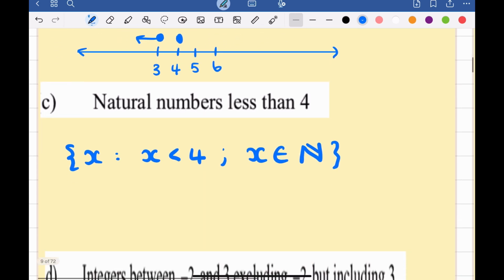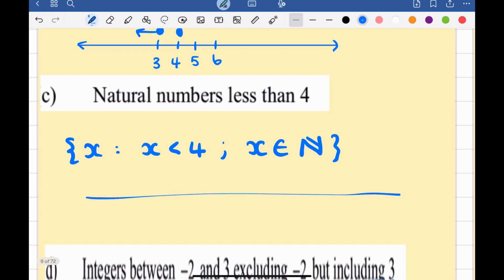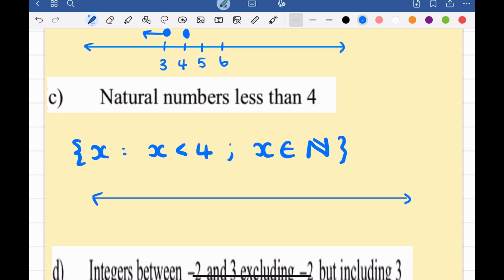Next one says natural numbers less than 4. So here we're going to make our number line. What's important to remember here is natural numbers only start at 1. So we definitely have to show them that we know that. So we are going to mark off all the way to 5 using constant intervals. And it's less than 4. We're using dots because we're talking about natural numbers and not real numbers.